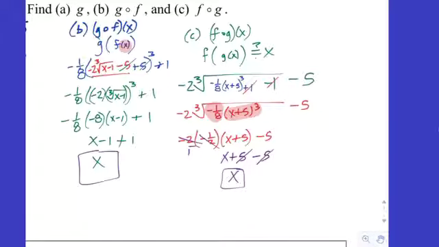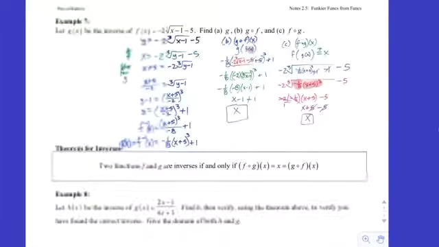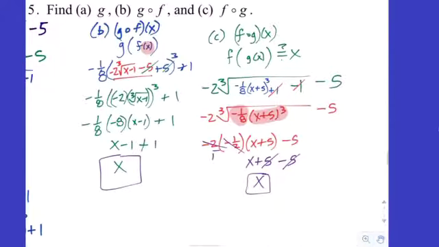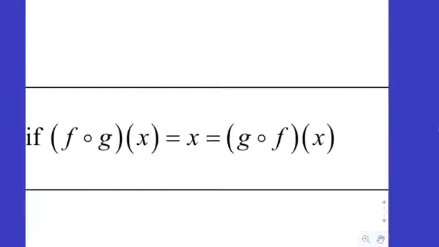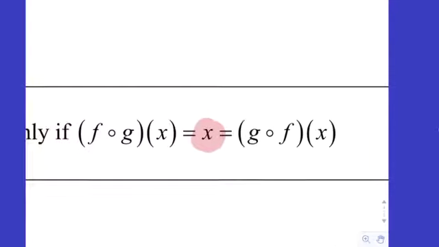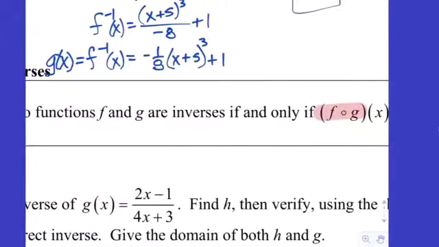So when you compose two functions and then do the same thing in the opposite order, if you get x both ways, that means composition is commutative, which means G and F are inverses.